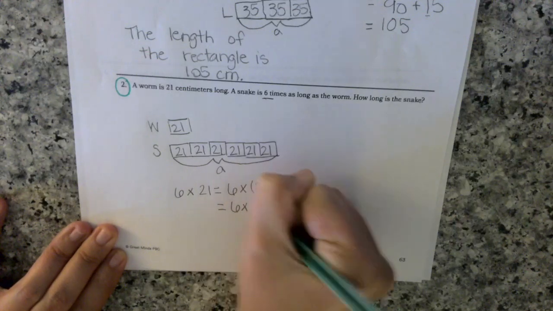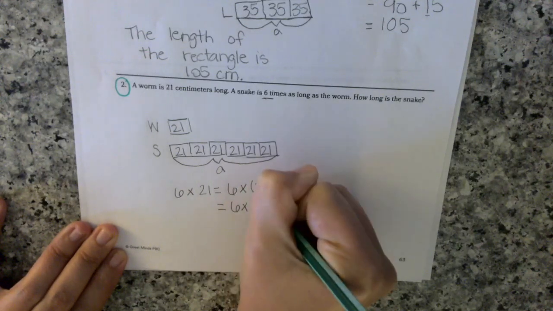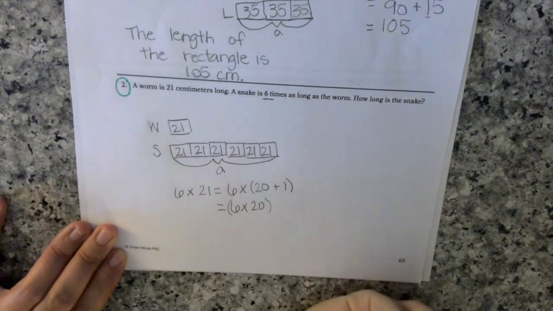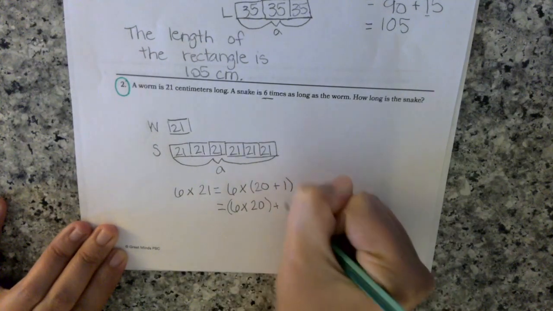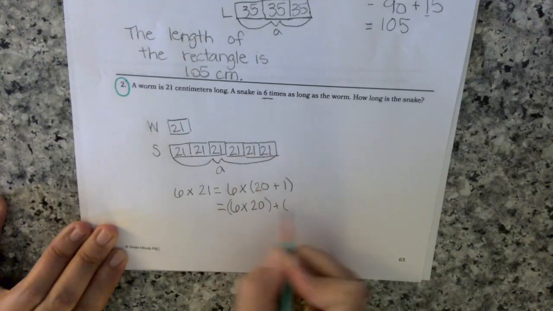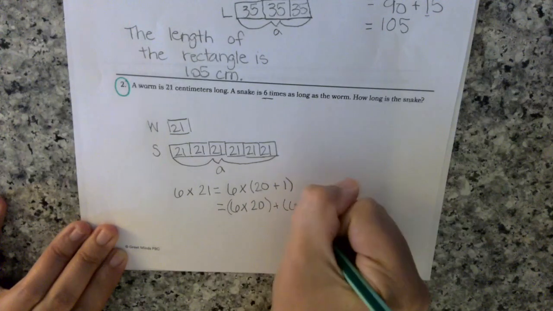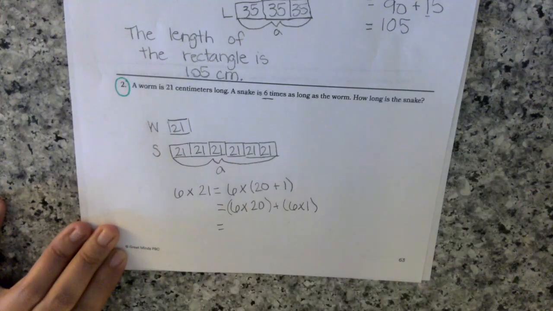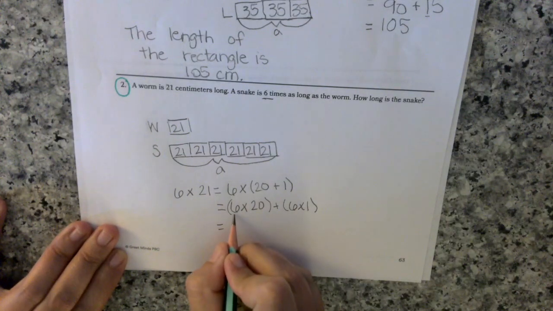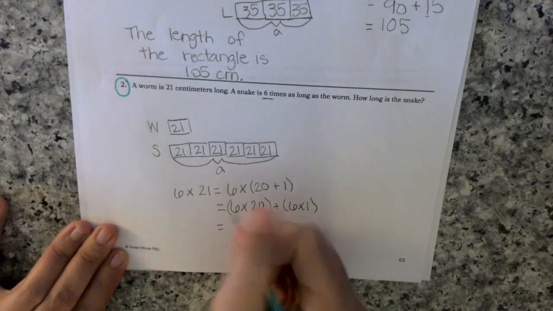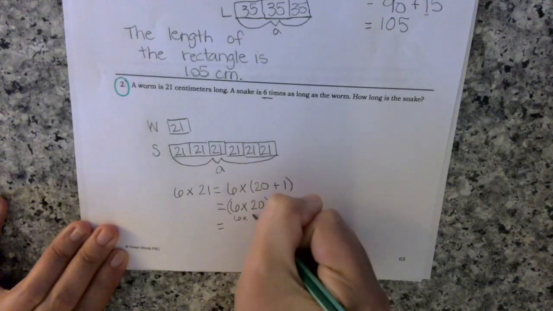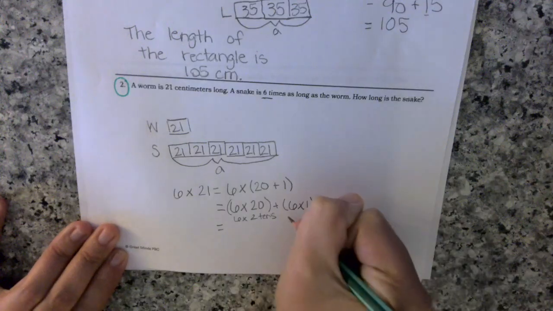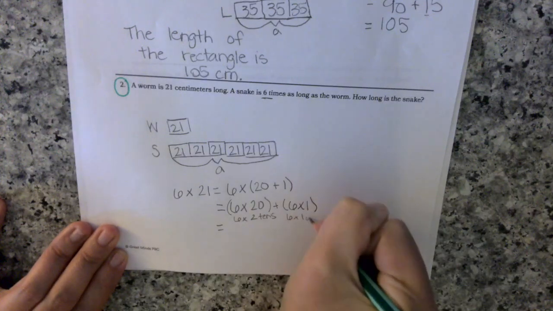So I want to think of first my 6 distributed to my 20. So I'm going to have 6 times 20. And then I know I'm going to distribute that 6 to the 1. So I have 6 times 1. And now I'm ready to multiply. If this makes it any simpler, you can think of 6 times 20 as 6 times 2 10s. And 6 times 1 is 6 times 1, 1.